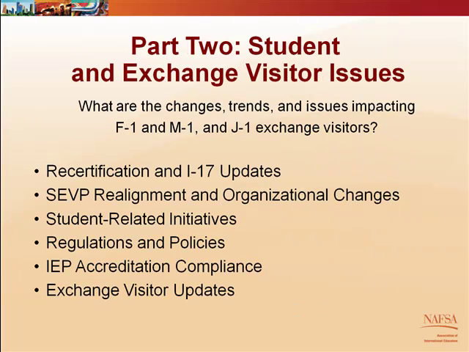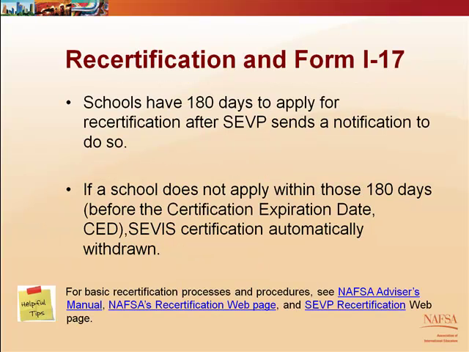This part of the presentation will focus on major changes, trends, and issues impacting F1 and M1 students and J1 exchange visitors. Let's begin with recertification and I-17 update challenges. A school must apply to SEVP for recertification within 180 days of receiving a recertification notice from SEVP.